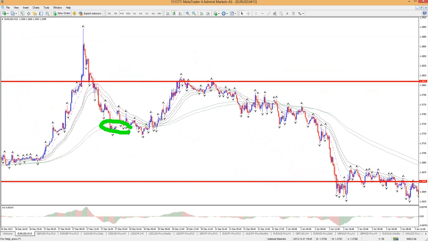That was a place for support. Here too, there was support, but it went sideways. And then slowly but surely, the moving averages got aligned, and then that break was the better break. That's what I'm trying to hint at in this situation.